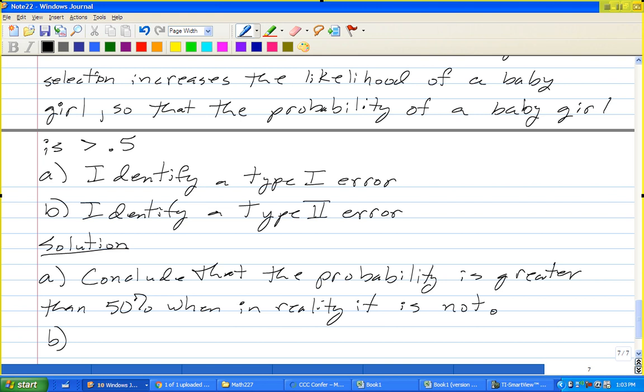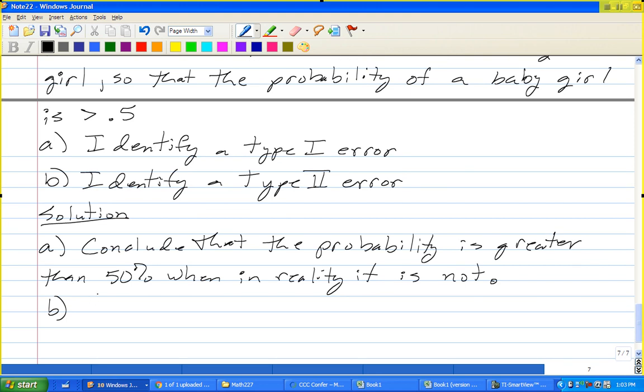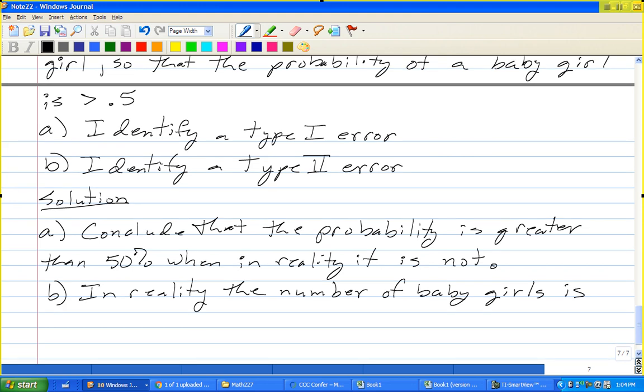And so a type 2 error is where in reality the number of baby girls is greater than 50%, yet we conclude that the evidence does not show this.